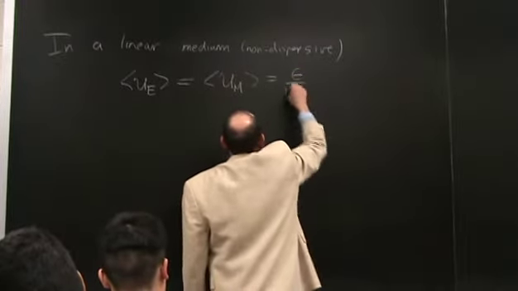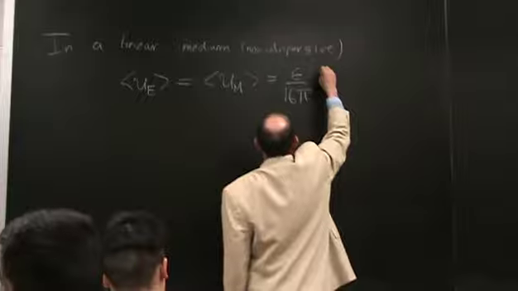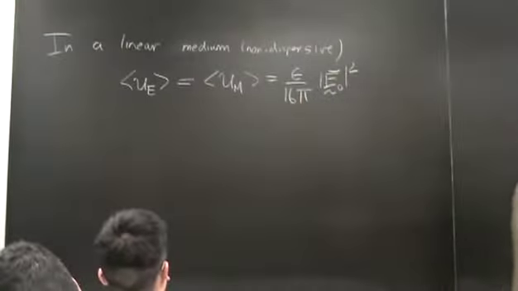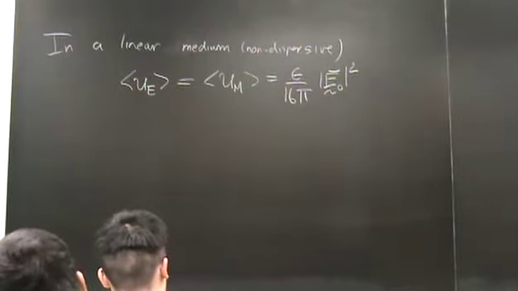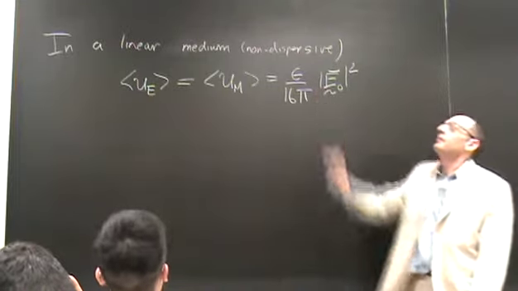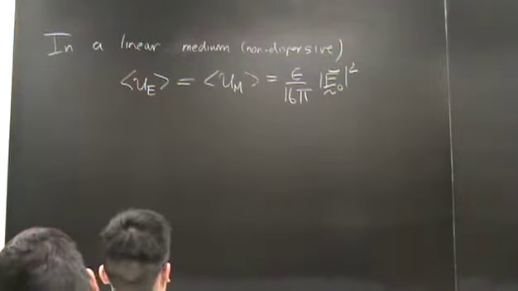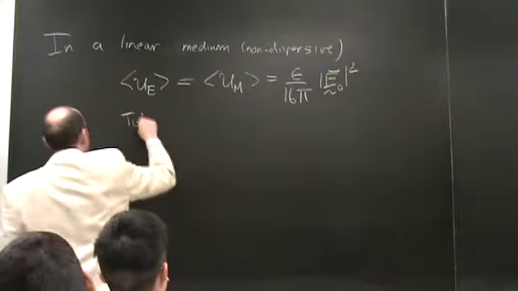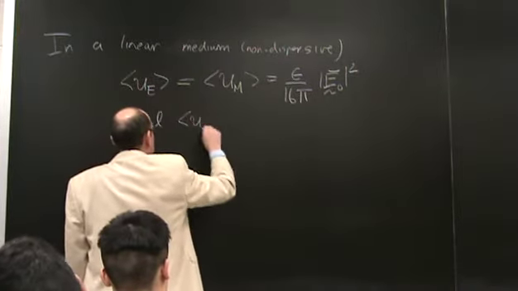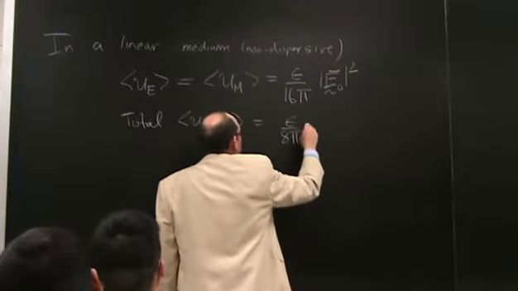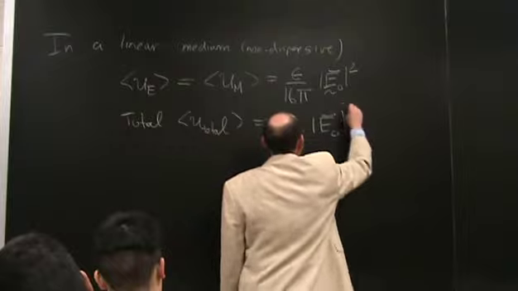They're equal to epsilon over 16 pi times the amplitude of the electric field squared. Just like in free space, the energy in the electric field and the magnetic field are equal. They're equal here as well, except scaled by the dielectric constant. So the total energy density is the sum, epsilon over 8 pi E naught squared.